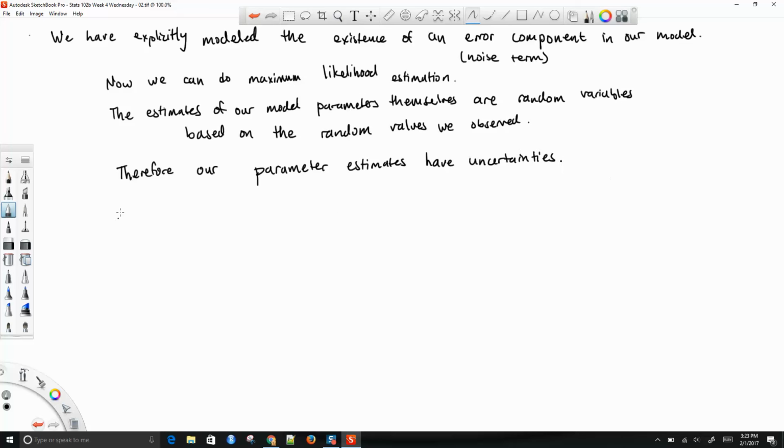Contrast this to minimizing the squared residuals.